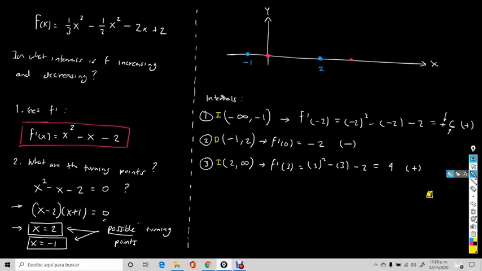And so my function will look, roughly speaking, increasing, with a turning point right here. And then from minus 1 to 2, I'm going to get decreasing behavior. And then at this turning point, I'm going to get one more time increasing behavior.